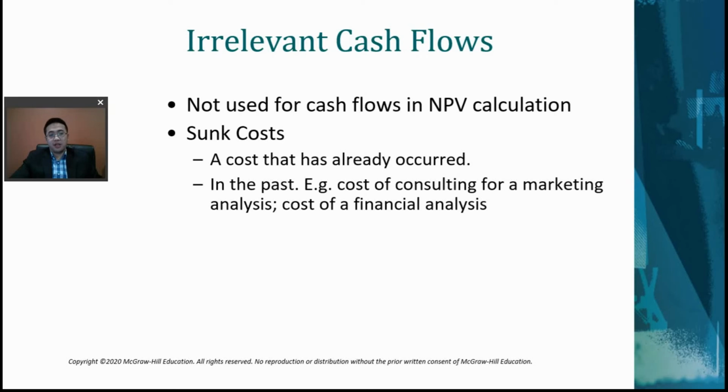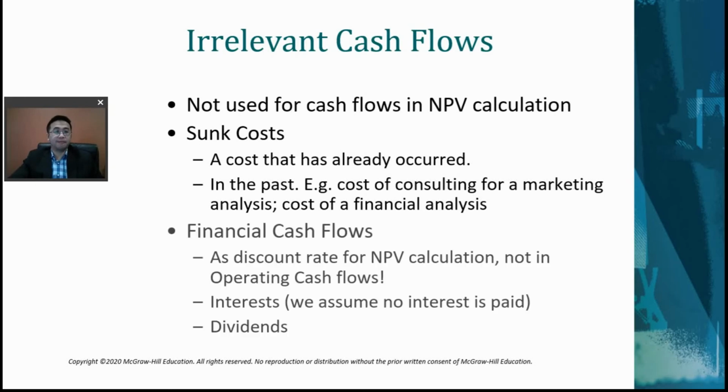An example of a sunk cost would be a cost of consulting or cost of a market analysis or cost of a financial analysis. They definitely have value contribution to the business, but because these costs happened years before the NPV calculation, we do not consider them in the NPV calculation.